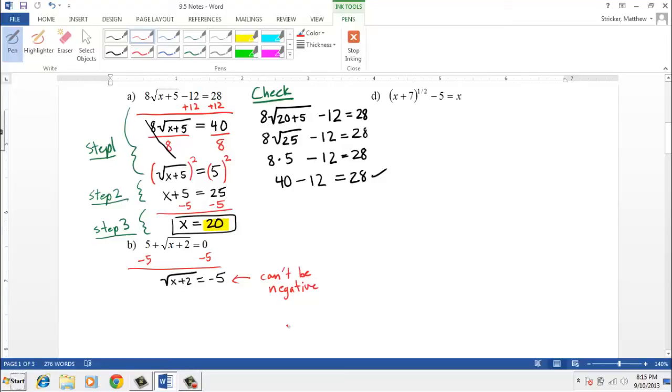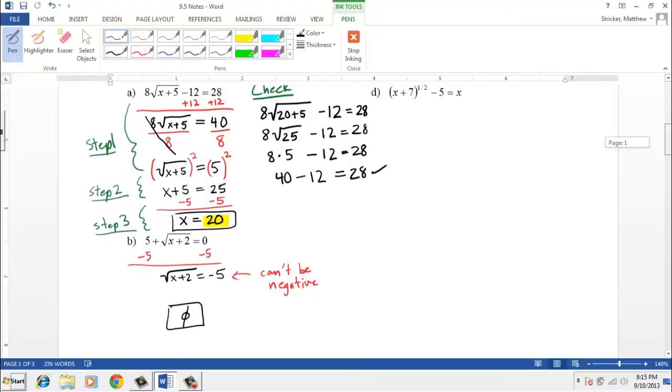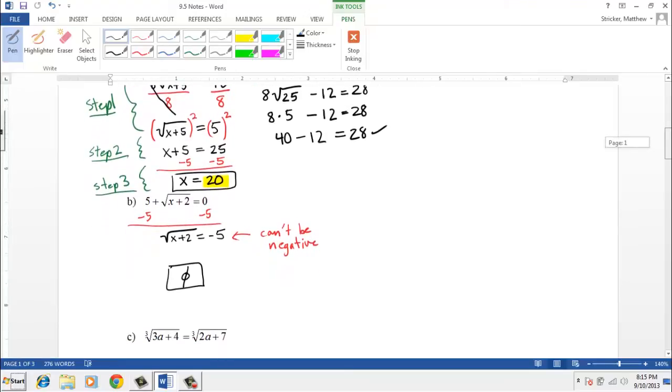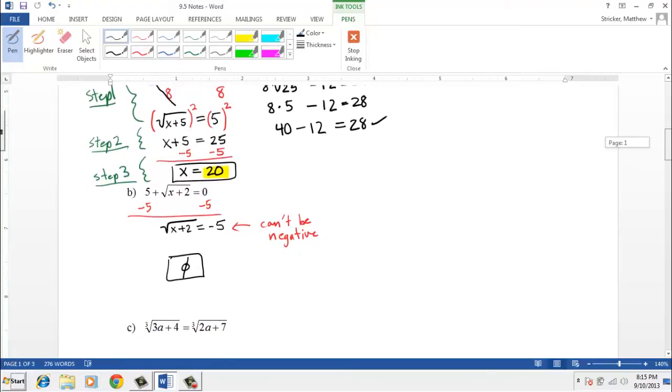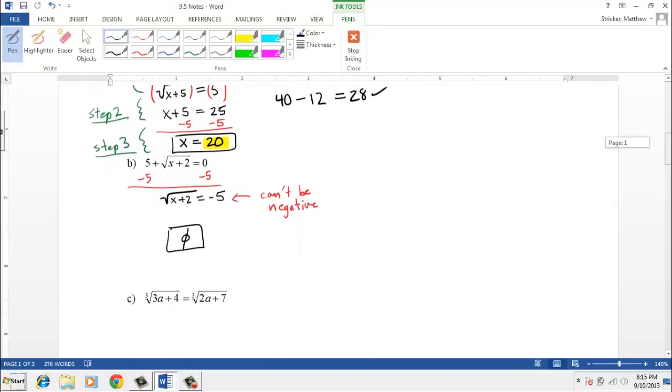This is not possible. So in this case, our answer is no solution. We can't have a square root be negative. Just keep that in mind. Just like with absolute values, the result of a square root can't be negative.